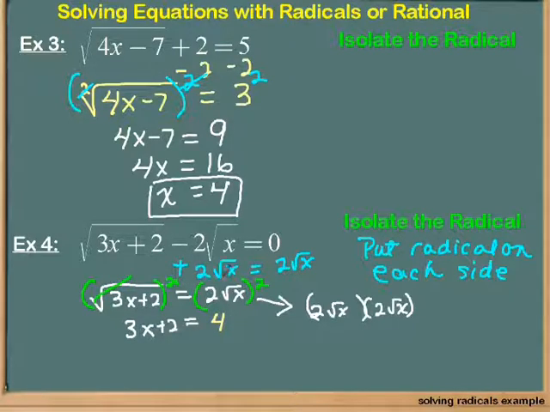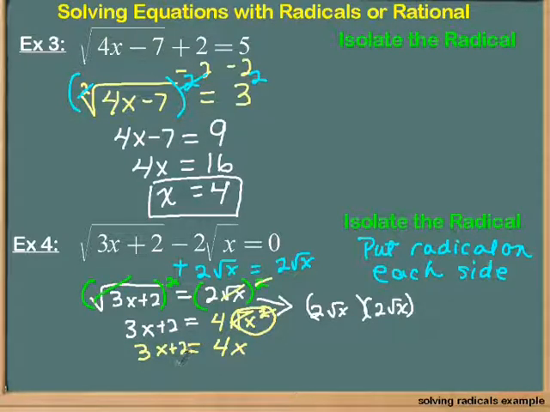And then, of course, we have the square root of x squared. And so I'll be able to take this out because it counters each other. That was the goal to multiplying or creating this power of 2. And so I have 4x on one side and 3x plus 2 on the other.